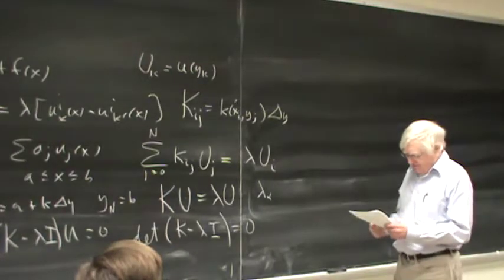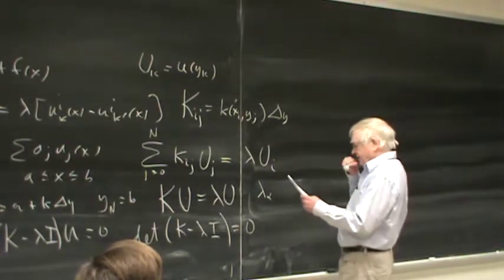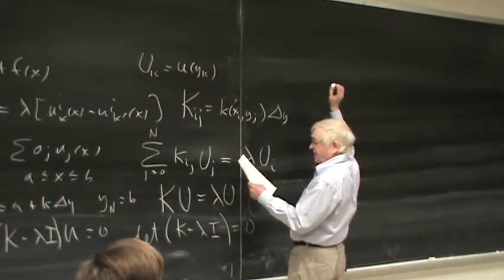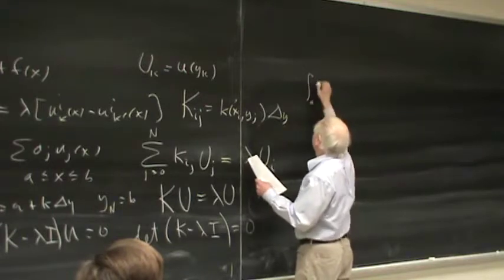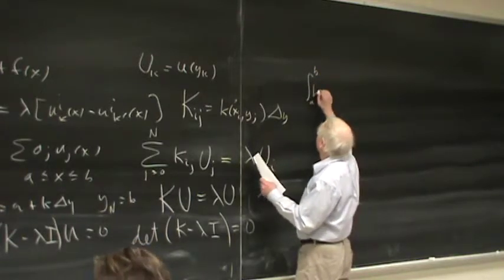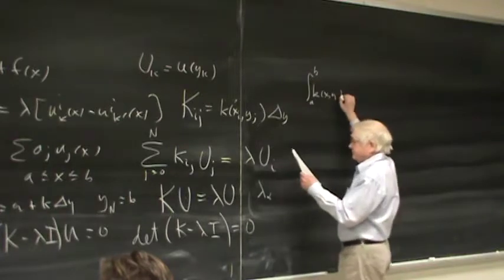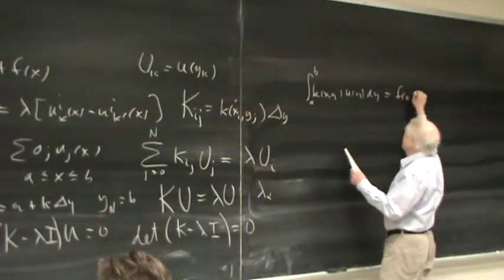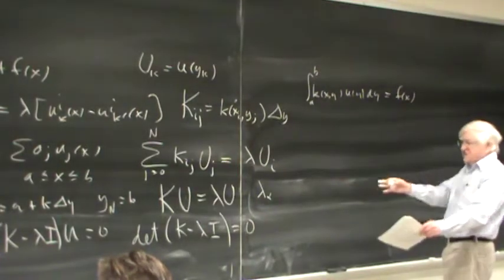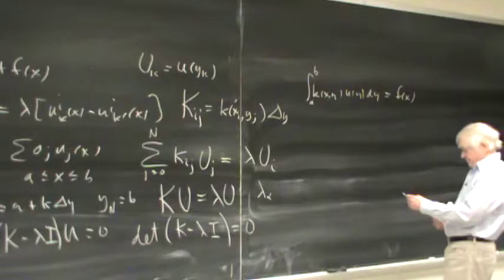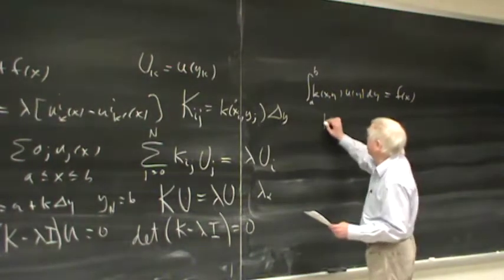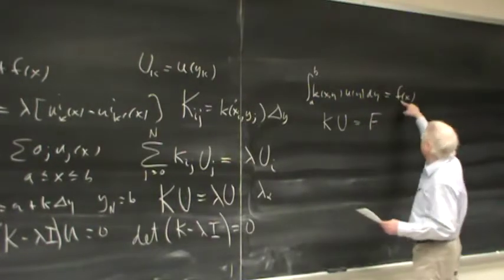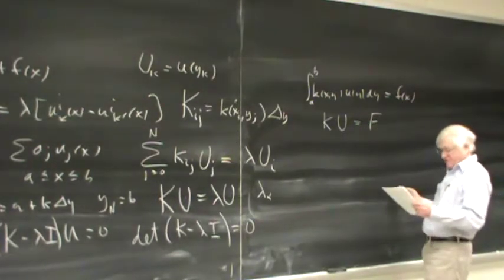Okay, so that's that. If we now apply this to, let us say, an inhomogeneous Fredholm equation of the first kind, then we have the integral from a to b of K of x, y, u of y dy is equal to f of x. Well, now using the same discretization of the problem, what we have is Ku is equal to the vector F, which is just the function f at these 1,000 points.